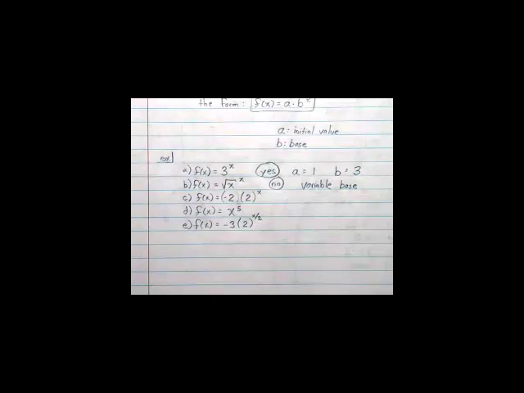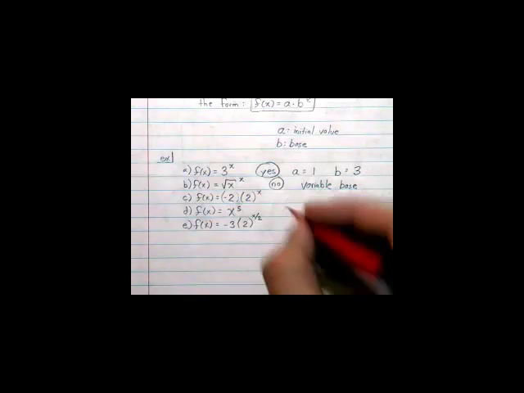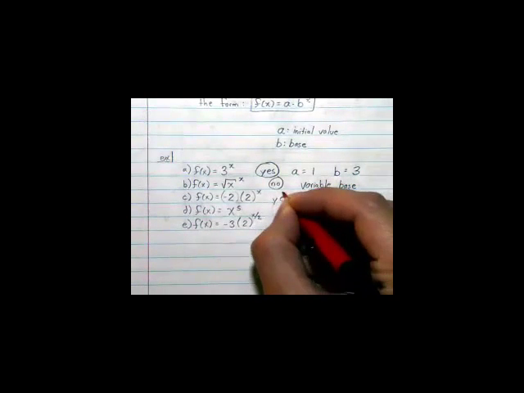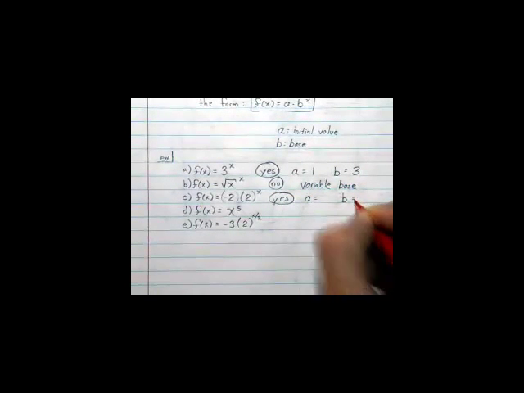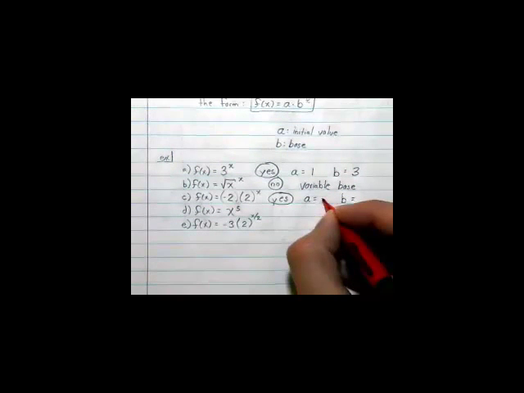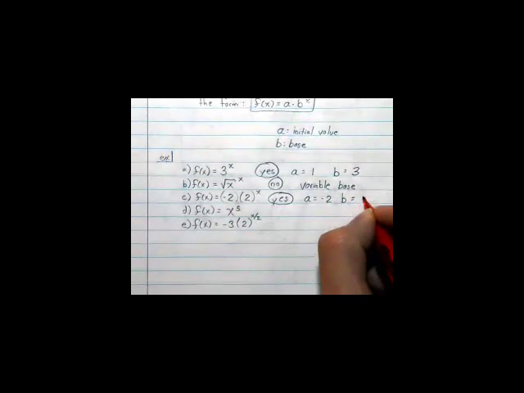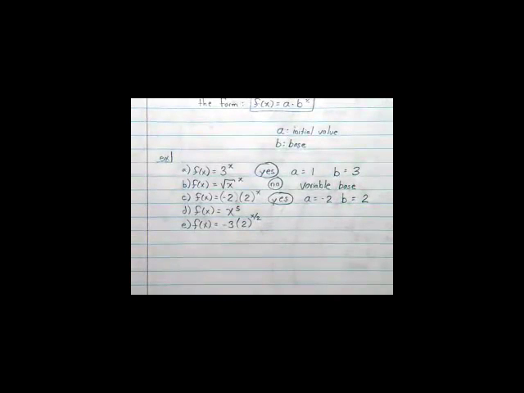Third one: negative 2 times 2 to the x. Yes, that one works. Since it is, what's the initial value for this one? Negative 2. What's the base? 2. Good. The next one, x to the 5th.